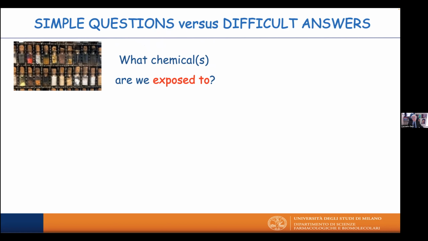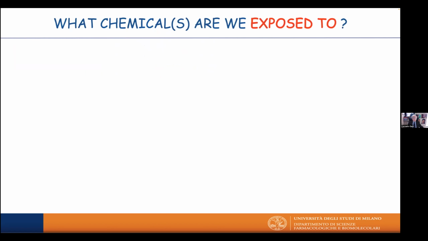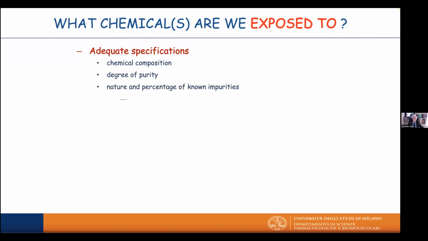So sometimes our chemist colleagues are very, very important, because they have to show us if the specification of our material, that is what we are testing, is adequate.